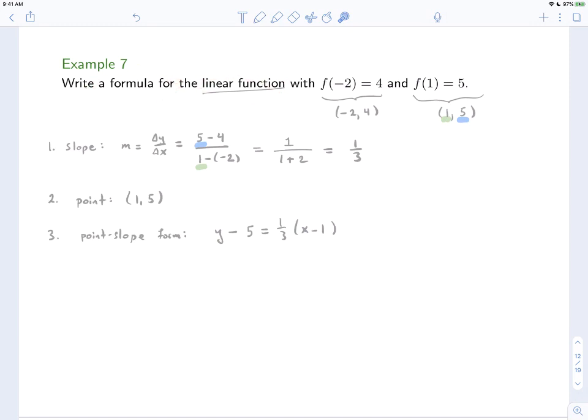So what we want is f of x equals whatever. Now y is equal to f of x. So if we solve for y, then f of x is equal to whatever's on the right side.